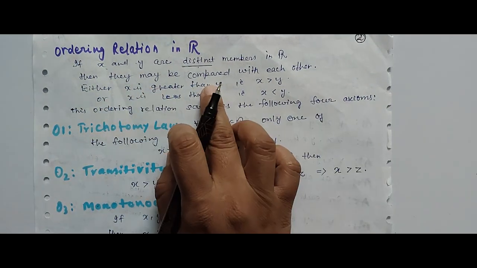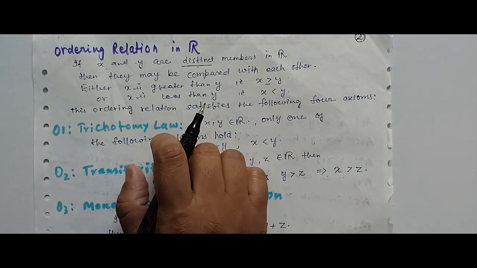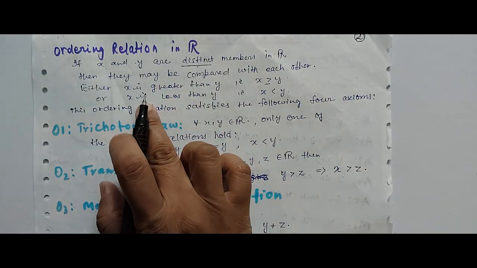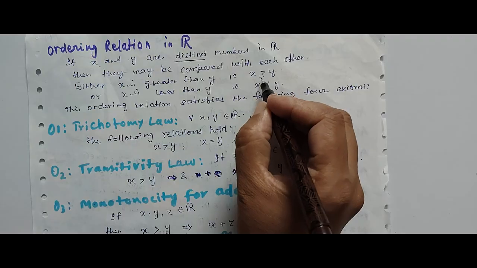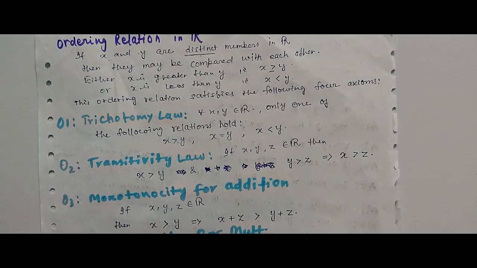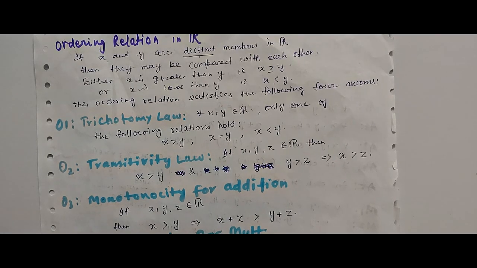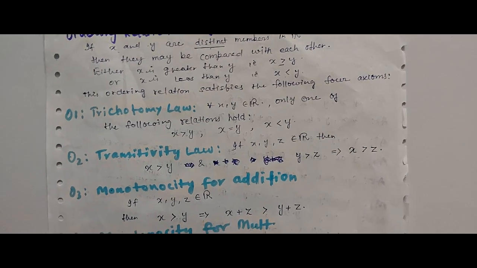Either x will be greater than y, denoted x > y, which is the symbol for order, or x will be less than y, denoted x < y. If you take any two distinct elements in R, it is not possible that at the same time they are greater than and less than. So either one property will hold: either x is greater than y or x is less than y.